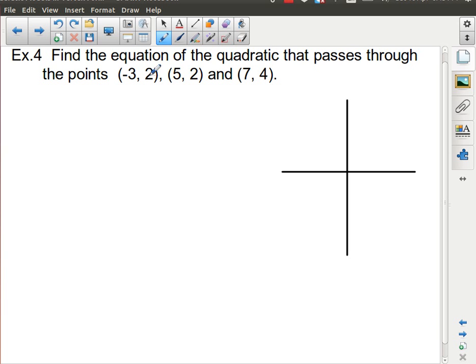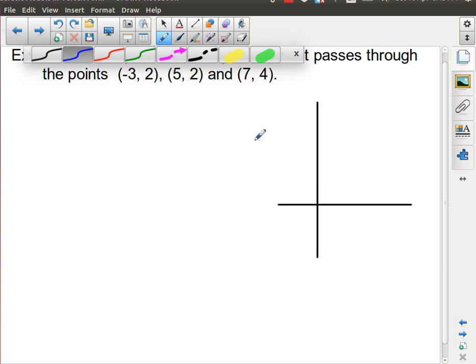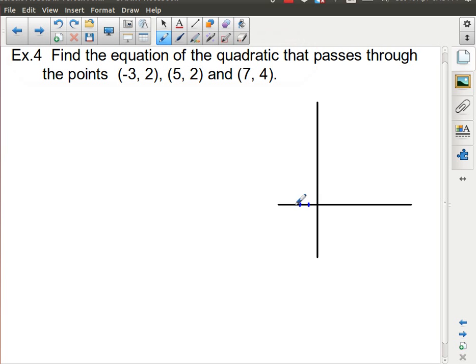So let's go ahead and plot these points, get a rough idea. So -3, 2. Now I think it's worth it to put a bit of a scale on here, so I'm going to shift things over a bit. I want -3, 2, so 1, 2, 3, and then up 2.